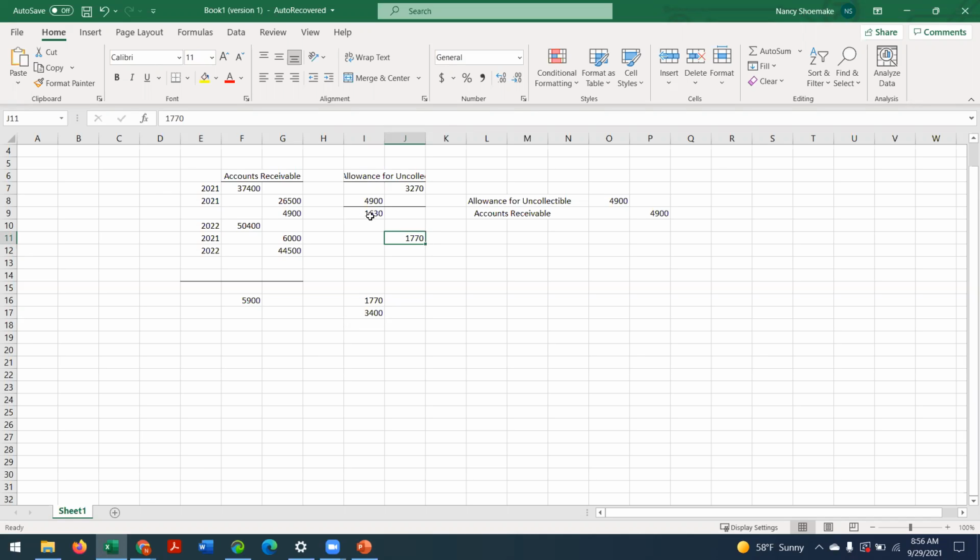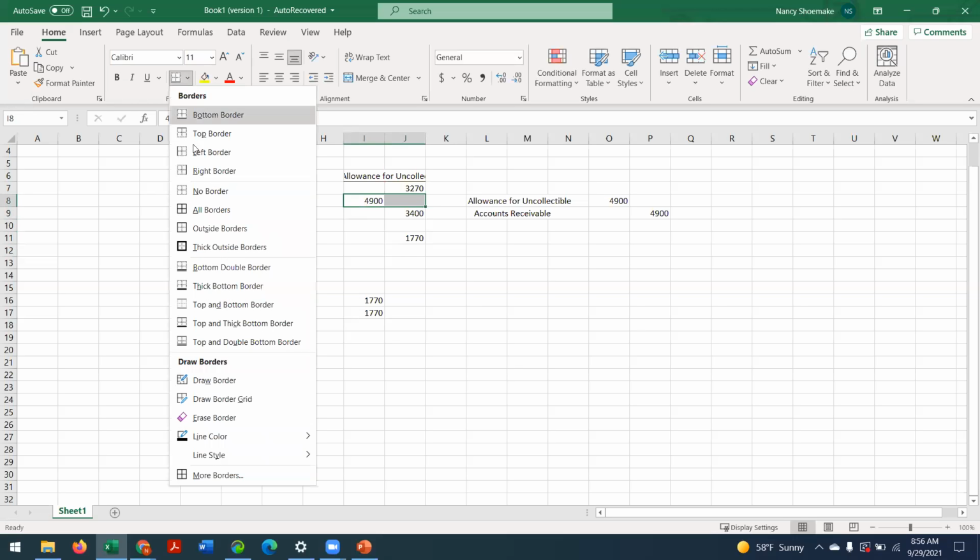Because we were sitting with a debit balance in uncollectibles of 1,630 from the year before, and we need this to say 1,770. We need to show this as 3,400 in order to make our ending balance.